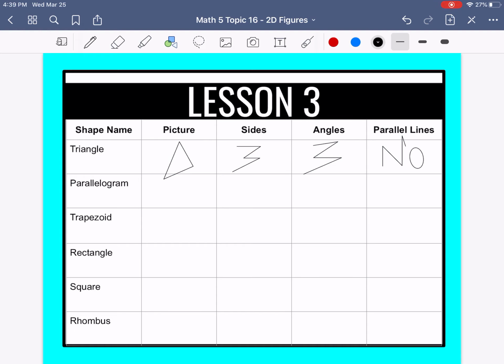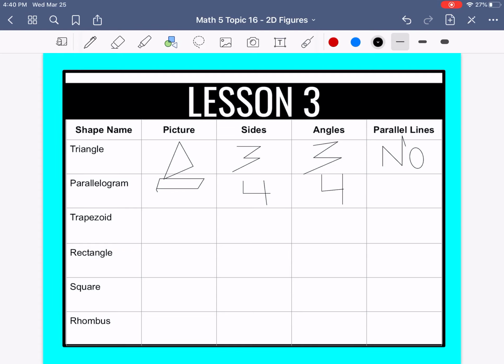So a parallelogram must have 2 sets of parallel sides. That's somewhat parallel. That's a little iffy, but anyway. How many sides does a parallelogram have? Okay, yes, it does have 4 because it's also a quadrilateral. How many angles does a parallelogram have? It also has 4.